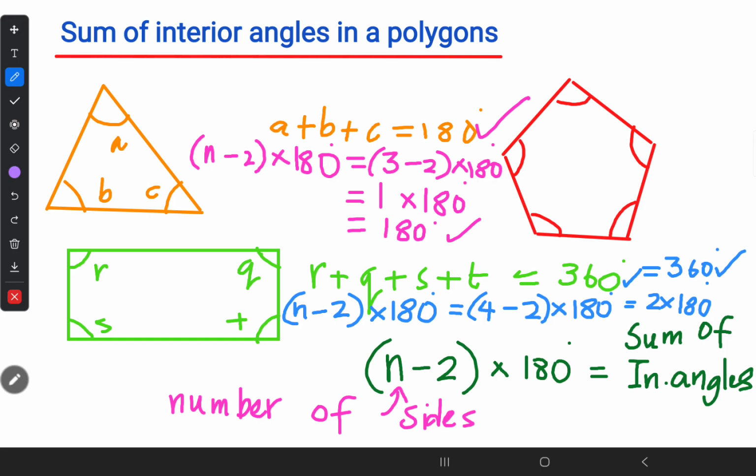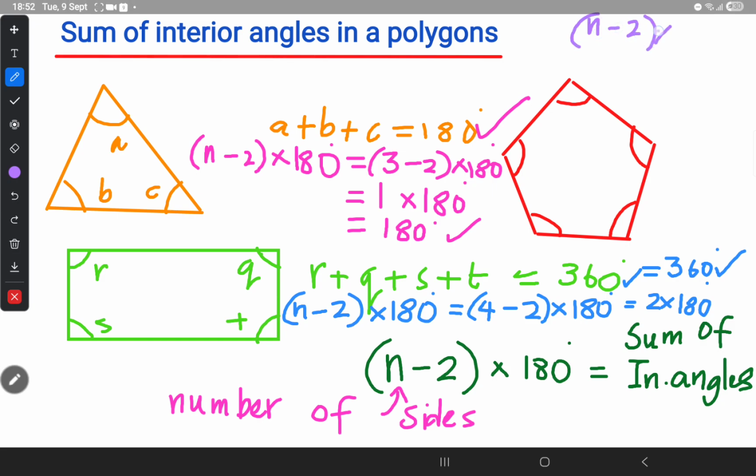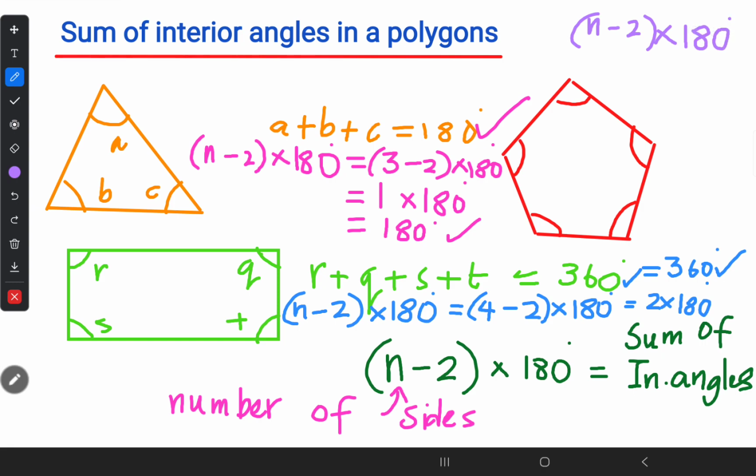So we can apply that to our pentagon as well. In the pentagon, I'll use the formula n minus 2 times 180 to find the sum of interior angles. n is 5, so 5 minus 2 times 180. 5 minus 2 is 3. 3 times 180 gives you 540 degrees as your answer.